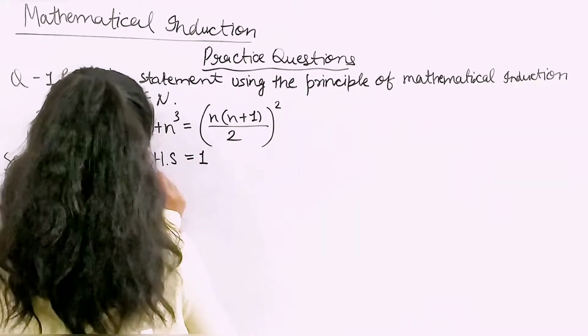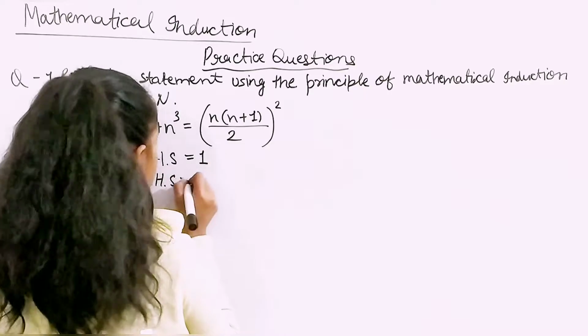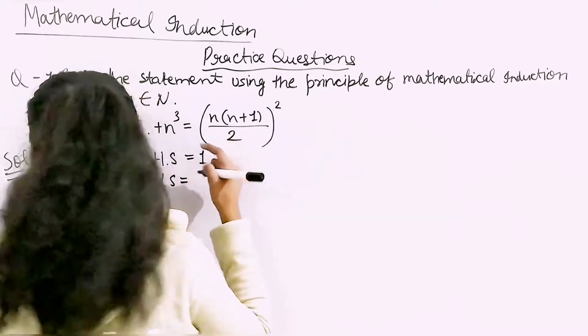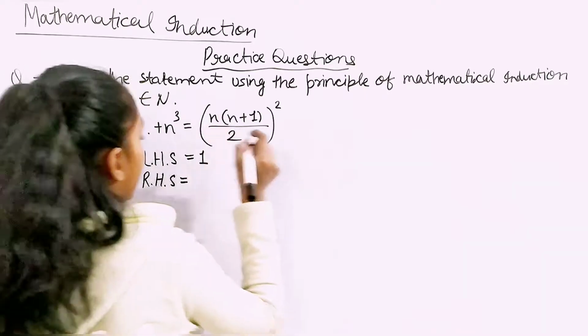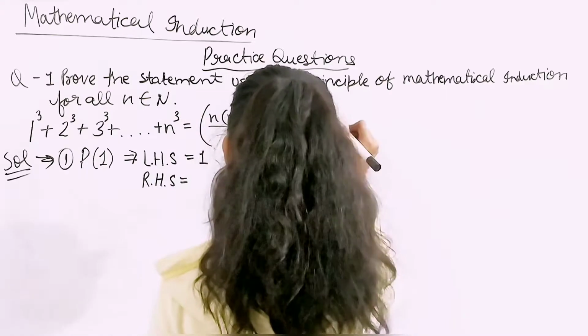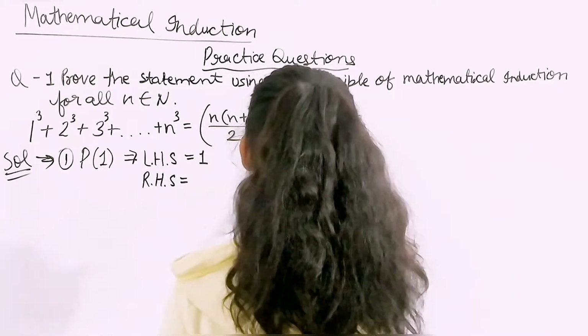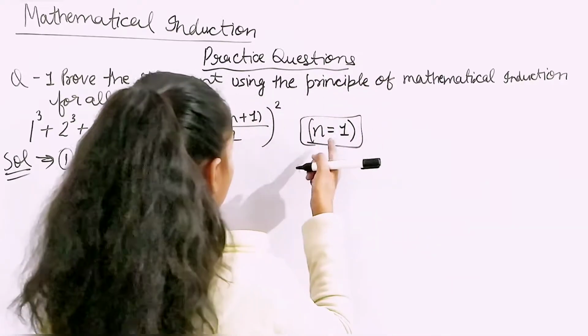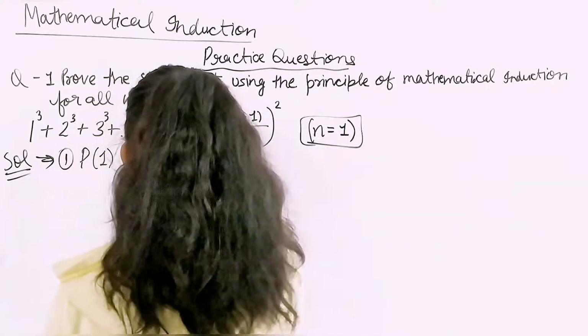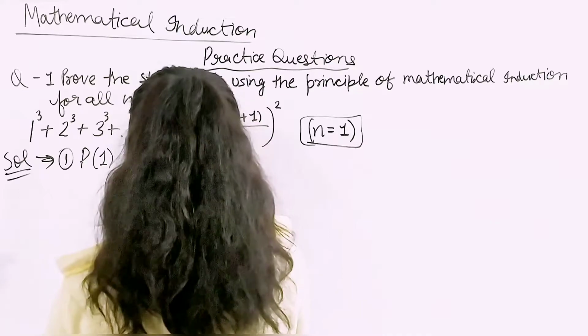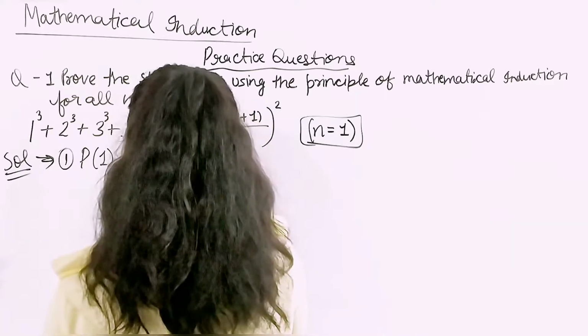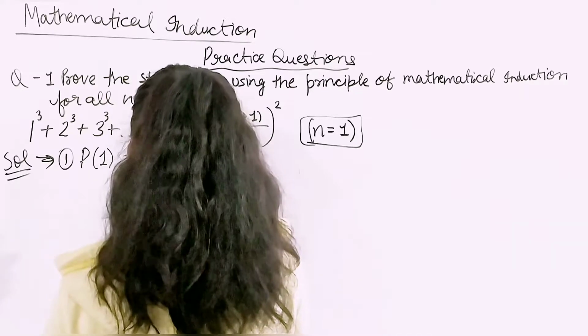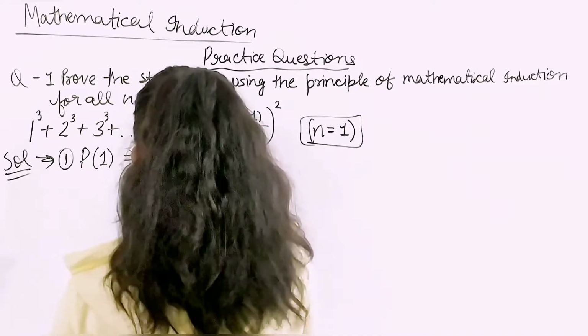And what about the RHS? At the place of n, we have said that n is equal to 1, so we put 1. It's going to be 1, and in the bracket 1 plus 1 upon 2, squared.